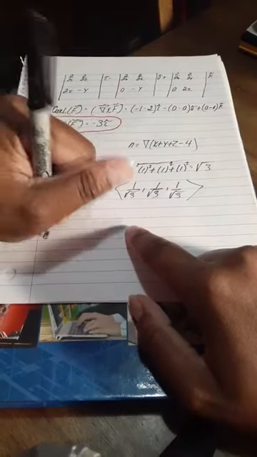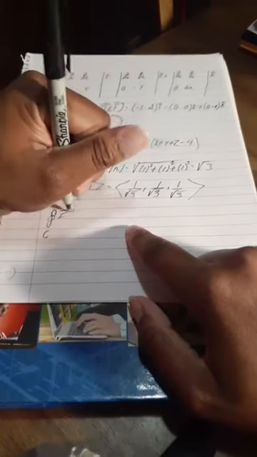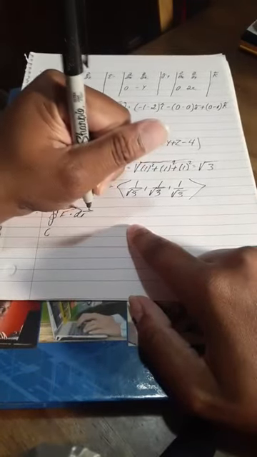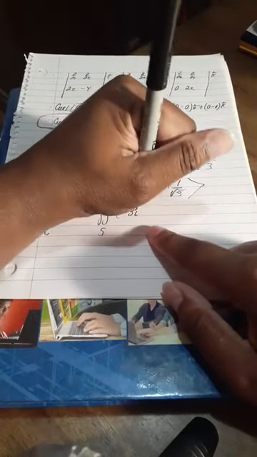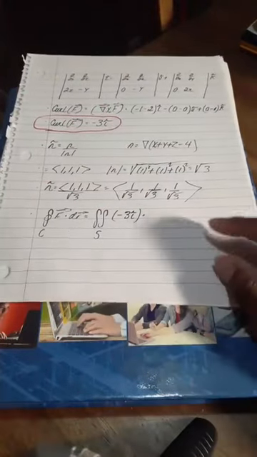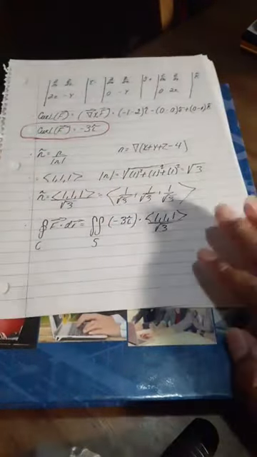So we've got our line integral, F dot dr, and that's going to be equal to our surface integral. Now remember what our curl was: minus 3i. Now we'll take the dot product of that with the unit normal vector, which in this case was 1, 1, 1, all divided by the square root of 3, and then dS.